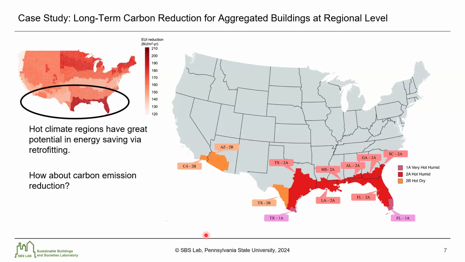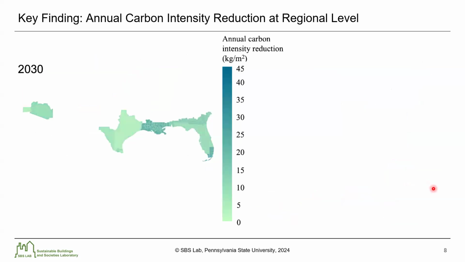We further investigated 3 hot climate zones: the very hot and humid zone shaded with pink, the hot humid zone shaded with red, and the 2B hot dry zone shaded with orange.